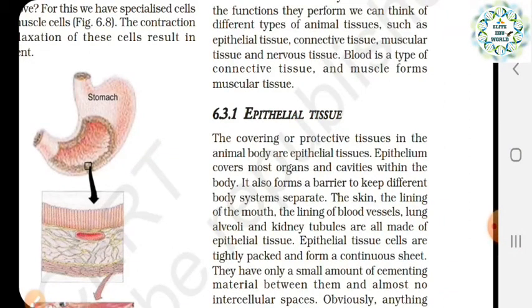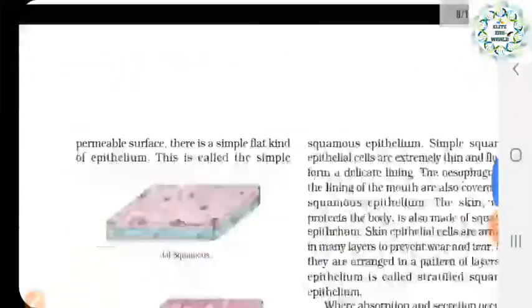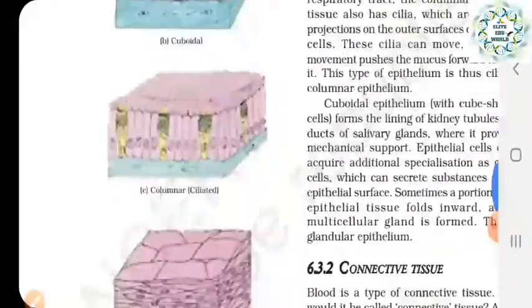So we have finished the epithelium tissue in this lecture, and we have seen the locations and the types of epithelium tissue.